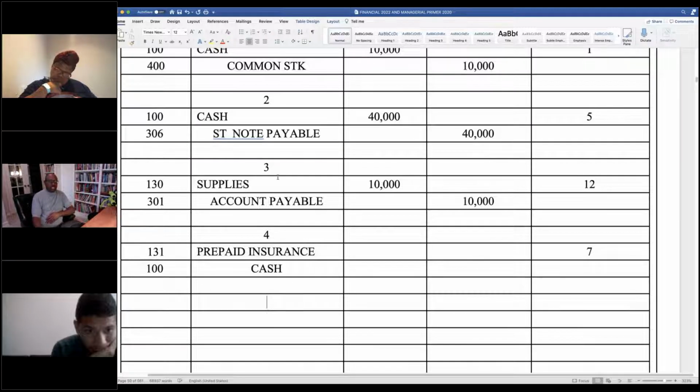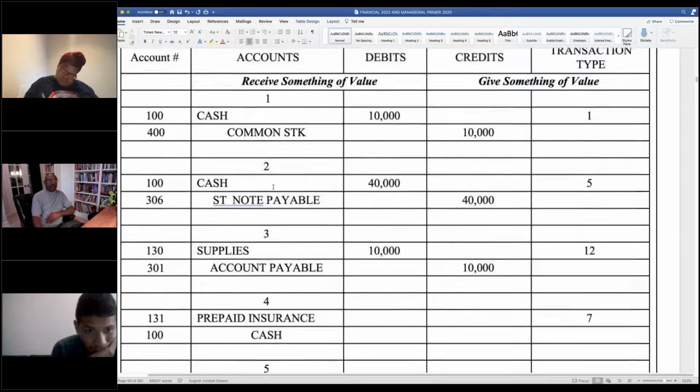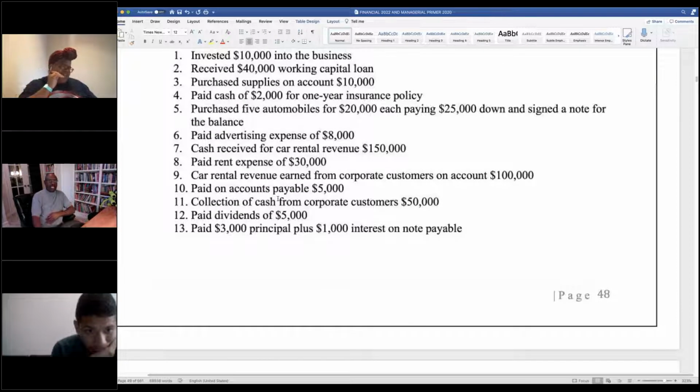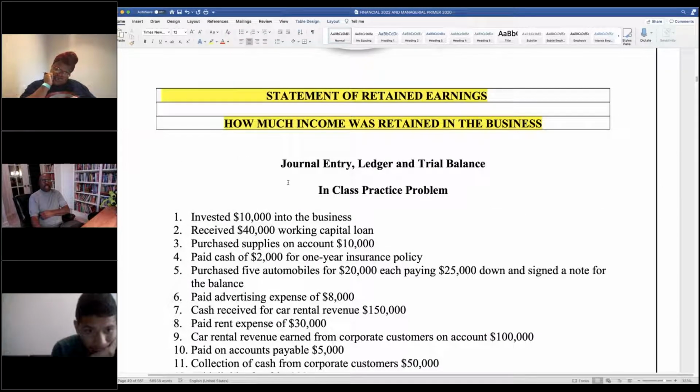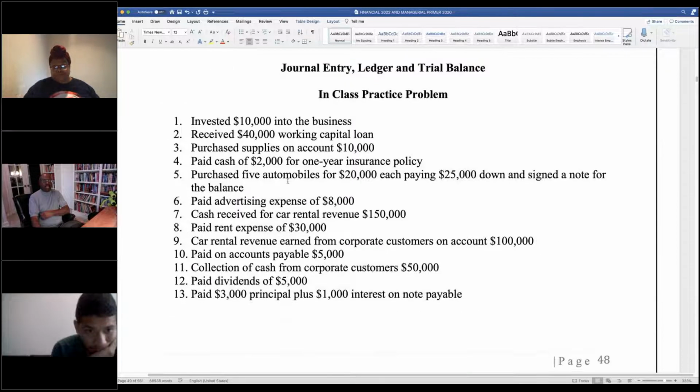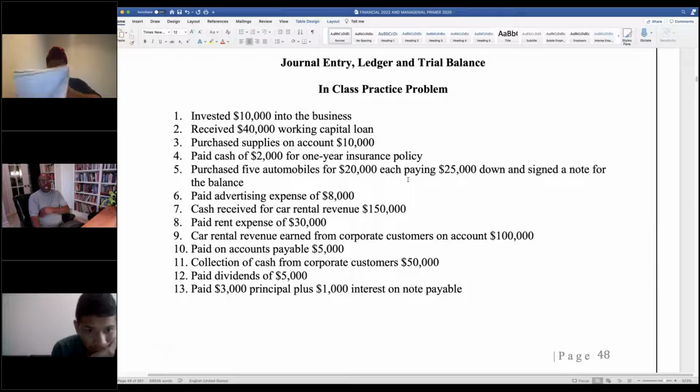Let's move on to number 5. In 5, we purchased 5 automobiles because we have a rental car company, paying $20,000 each.